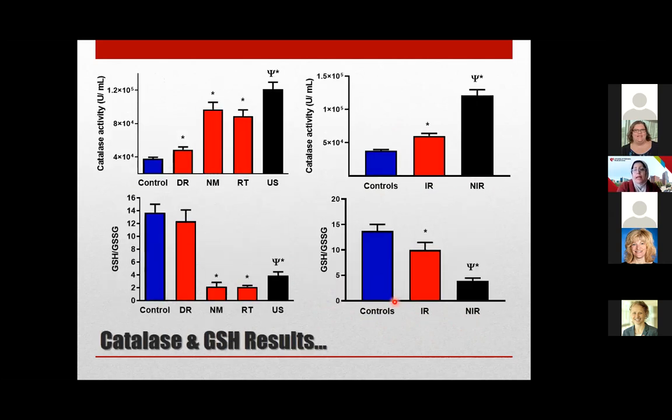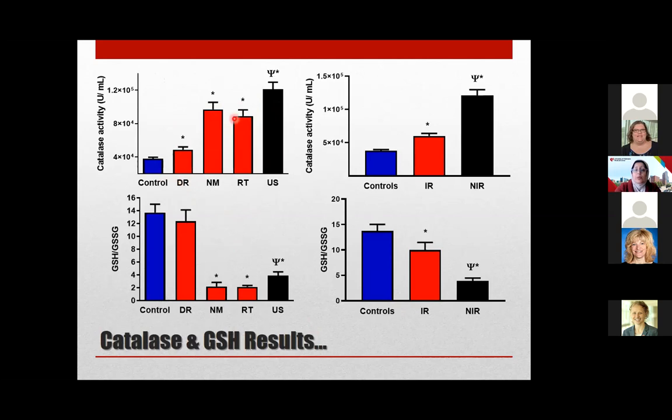Also, we continued and measured other antioxidants that we believed could change, to see how they differ. So we measured the catalase activity as well as the glutathione level, by measuring the ratio of reduced to oxidized glutathione. When we looked at the catalase activity, we see in all different occupational settings a significant increase in the level of catalase as compared to the control.